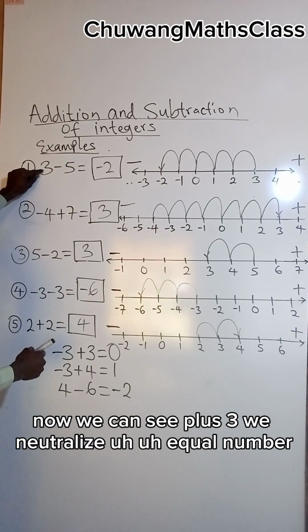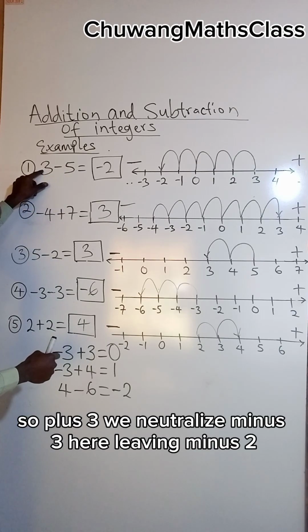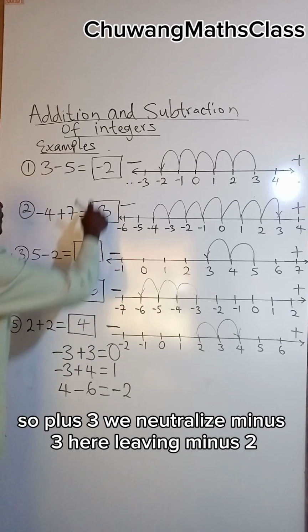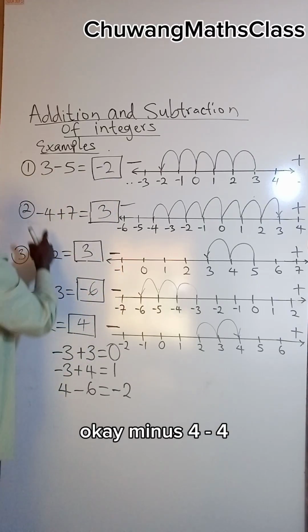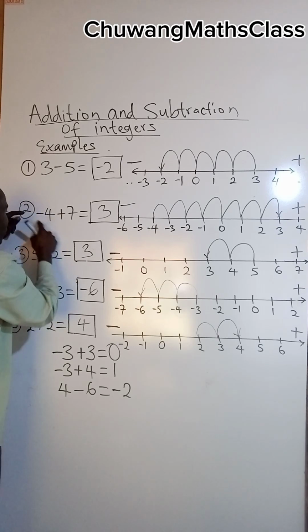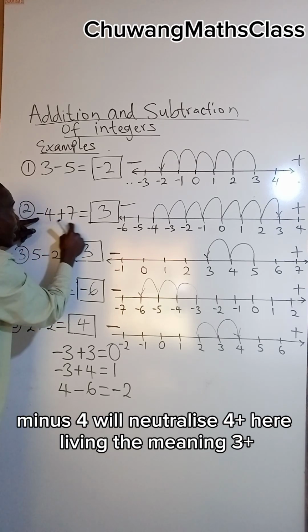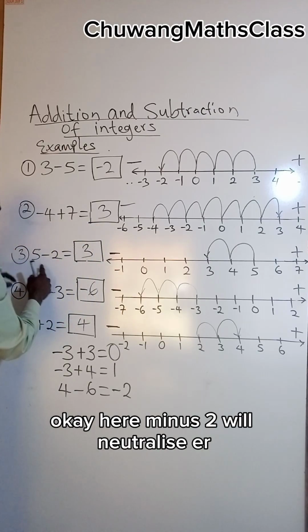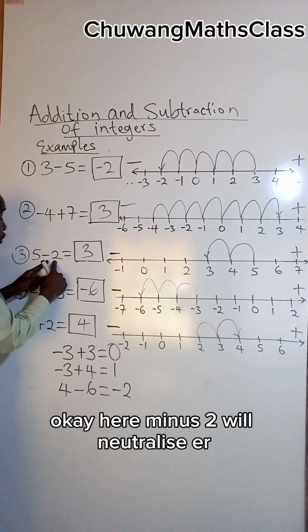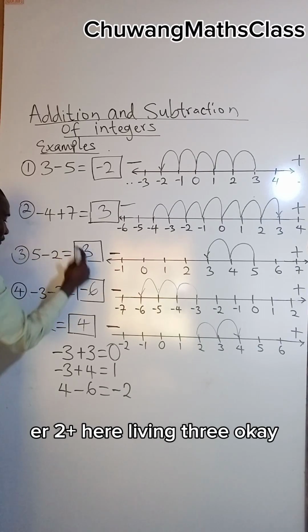We can say +3 will neutralize an equal number, so +3 will neutralize -3 here, leaving -2. -4 will neutralize 4 plus here, leaving the remaining 3 plus. Here -2 will neutralize 2 plus here, leaving 3.